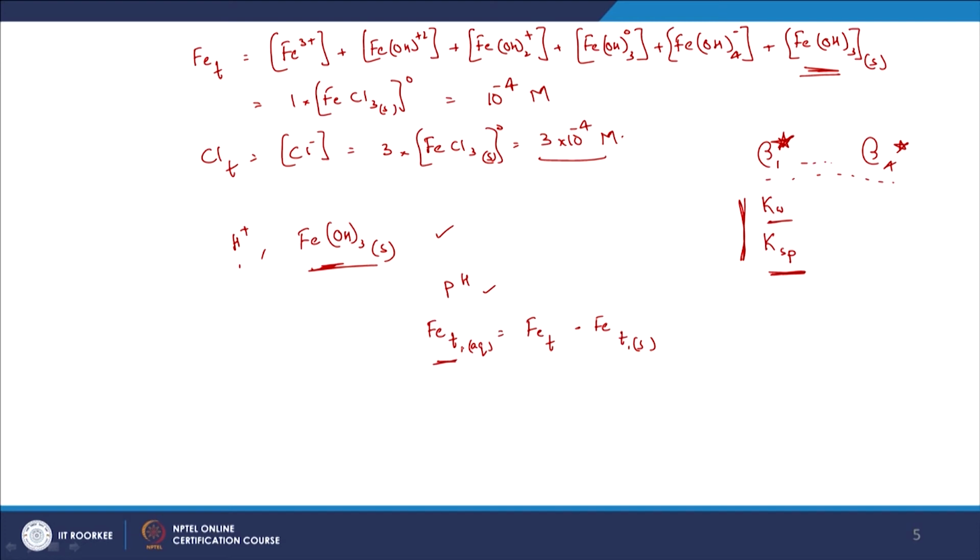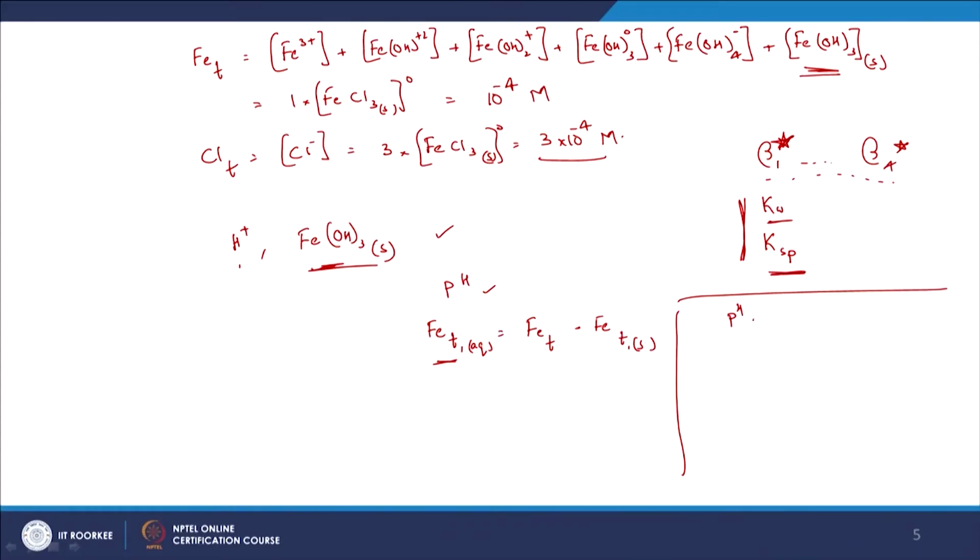Again, keep in mind what it is that we have been up to. So let us just summarize. Initial pH was given and alkalinity was given, right. From this we ended up calculating CO3 total initial and H total initial, right.